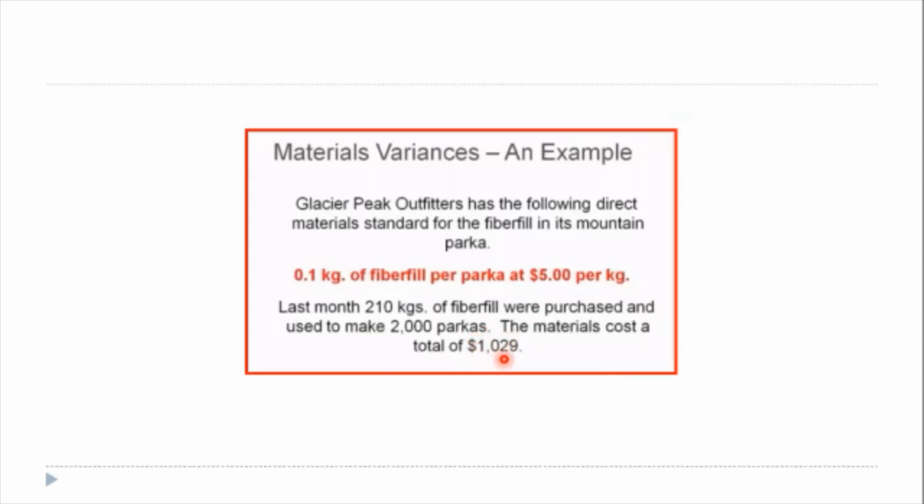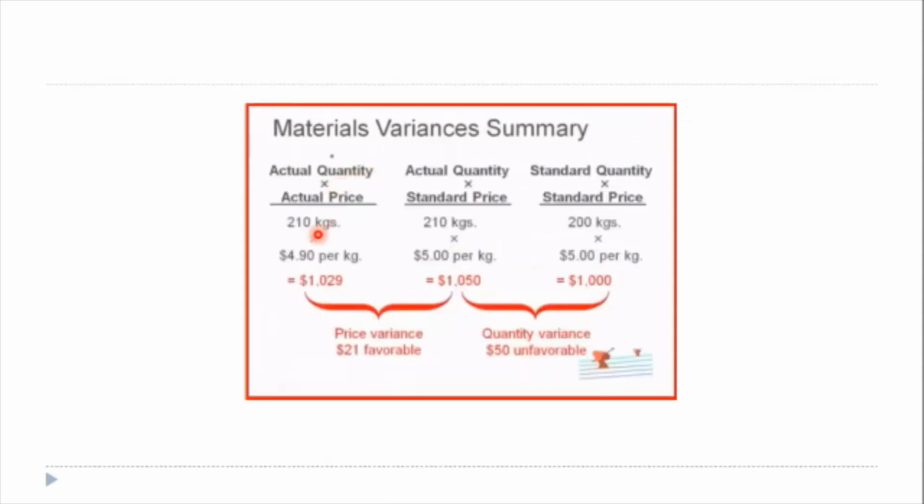So if we divide this by the 210, we should get the price per unit. So that's what we have there, summary of the variance, actual quantity by actual price. There are 210 by 4.90. 4.90 is the price you will get when you take the 210 and divide the 1029 by it. You'll get 4.90 per kg.